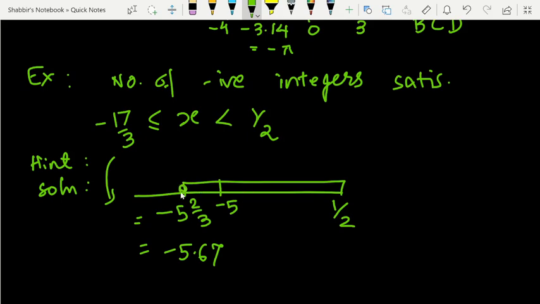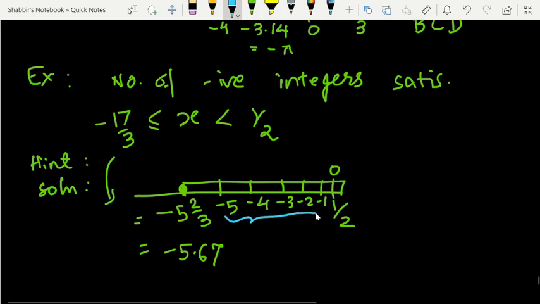Okay, although this is included, they are asking for negative integers. So minus 5, then minus 4, minus 3, minus 2, minus 1. Okay, although 0 is also there, but minus 5 to minus 1, there are 5 integers. So answer is 5, guys. Okay.